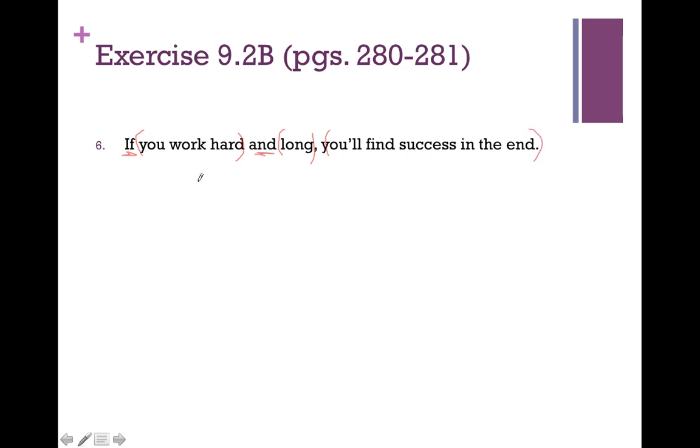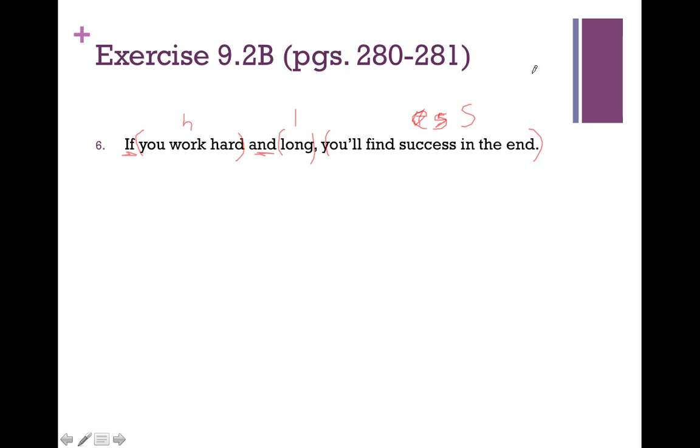So we have 3 different atomic propositions. We can use an H to symbolize you work hard. We'll use an L to symbolize you work long, and then we'll use an S to represent success. That looks like a 5. Crap.